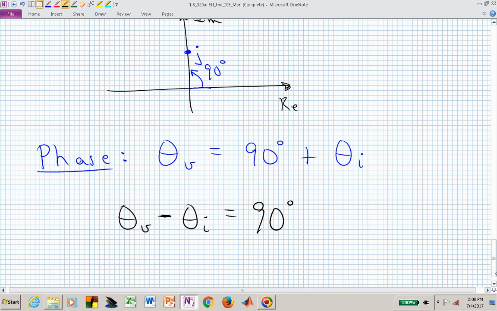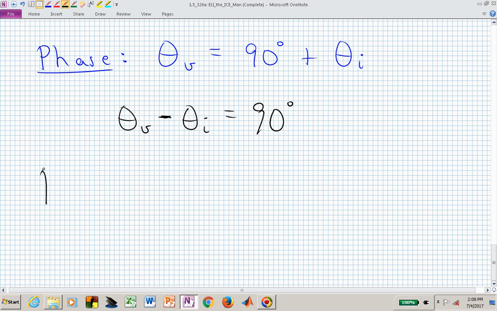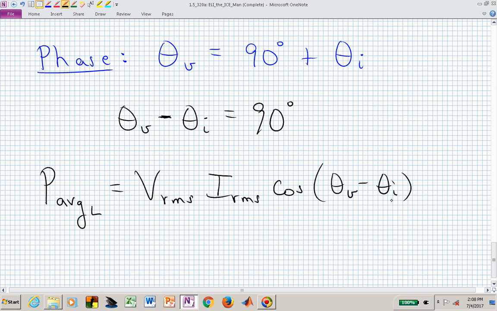We can now use that, remembering our average power formula. Here we're doing it for an inductor: V RMS, the voltage across that inductor, times the current through that inductor, times the cosine of theta sub V minus theta sub I. And we already know what theta sub V minus theta sub I is. That's 90 degrees.